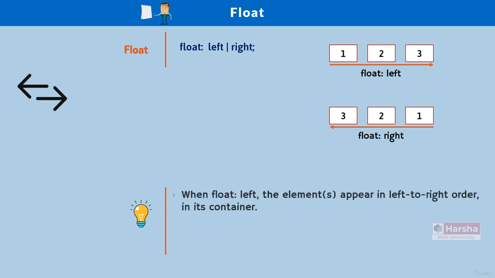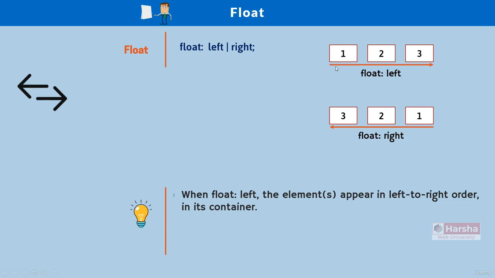The float property has two values, that is left and right. When you apply float left for few elements, all those elements appear side by side in the left to right order. Means they start with the left side of the page and go towards right as many elements as possible.